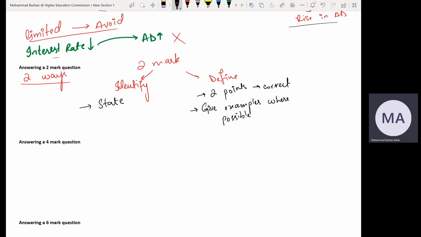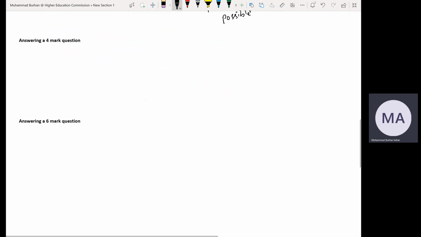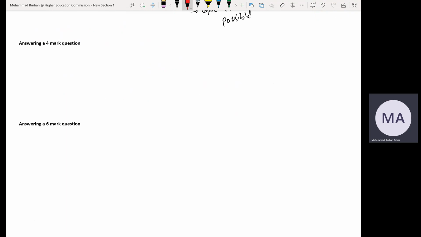It even occurs when the firm is producing nothing. An example of a fixed cost would be rent. ठीक है? So always give examples where possible, and remember कि 2 correct points आपको चाहिए होते हैं for a definition. My suggestion would be to write 3 points just to be on a safe side, कि अगर एक examiner ना correct count करे तो you have a backup plan. ठीक है? The definitions are pretty straightforward.